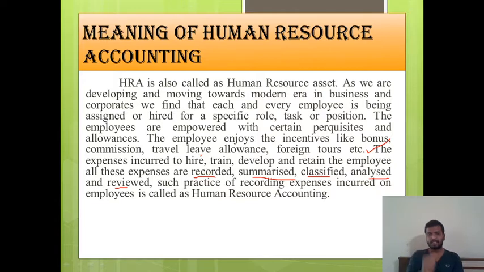Some expenses are written here: the employees enjoy incentives like bonus, commission, travel allowance, foreign tours. They get salaries. They get some perquisites like home, car. All these facilities are provided to the human resources.